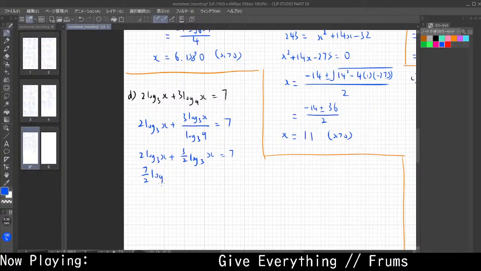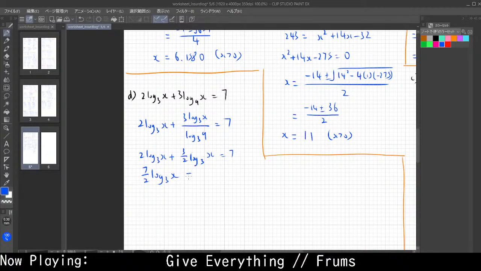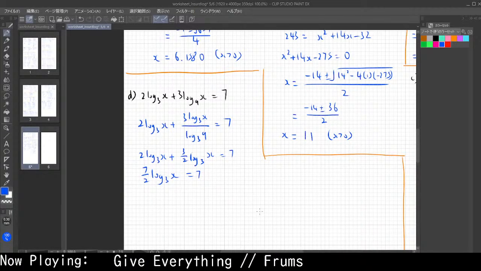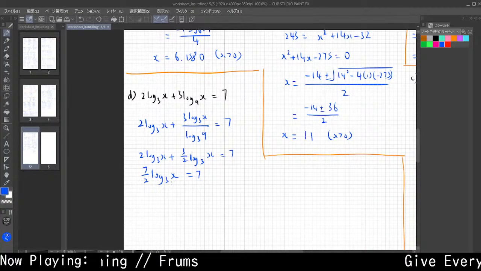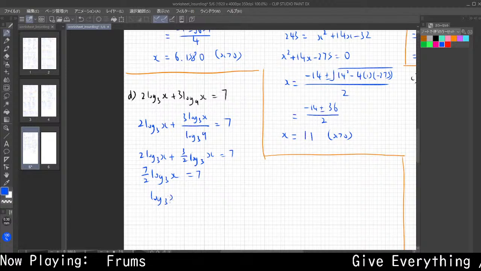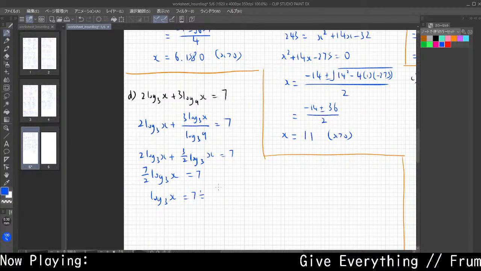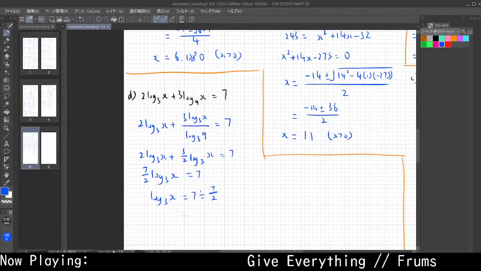So you basically get 7 over 2 log base 3 of x equals 7. Then 7 over 2 brought over to the other side to divide: log base 3 of x equals 7 divided by 7 over 2.